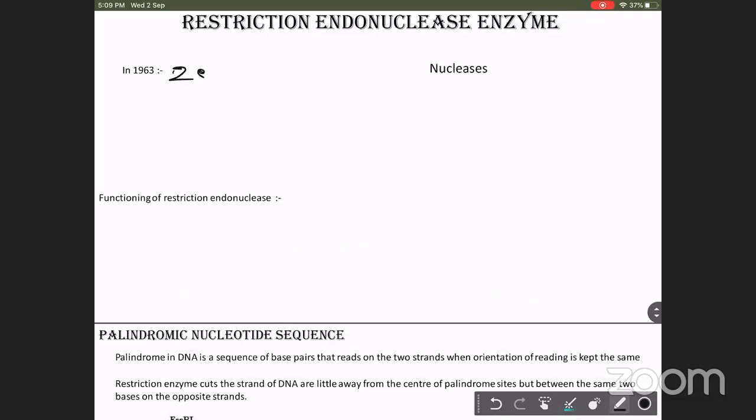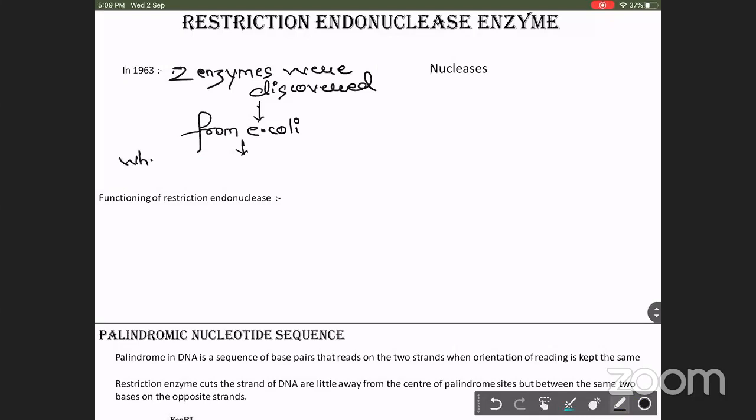In 1963, two enzymes were discovered from E. coli, which are restricting growth of bacteriophage. Okay, and I have already told you how they are restricting the growth of bacteriophage.